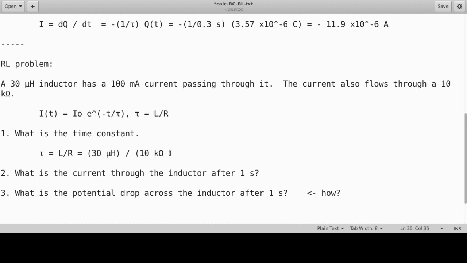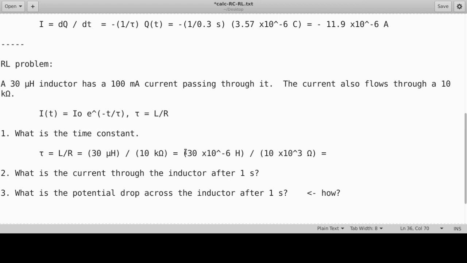Let's work very carefully in MKS, and then if we have to, we can add metric prefixes afterwards. Micro is 10 to the -6, and kilo is 10 to the 3.